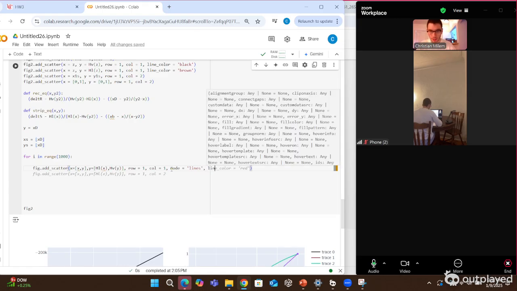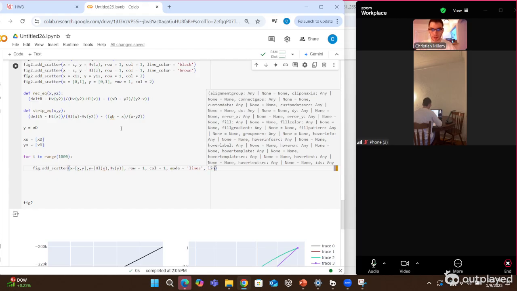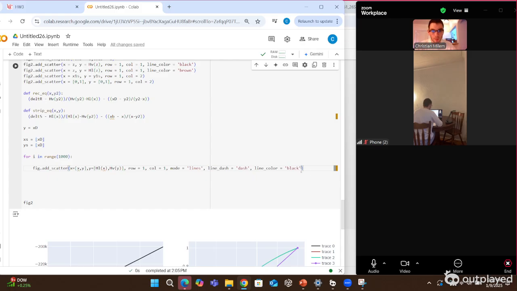And then line, which one is it? Is it dots? Line. Come on, help me out, Python. Line. Is it dash? No. Line dash equals dash. Okay. Color, we'll make this green.